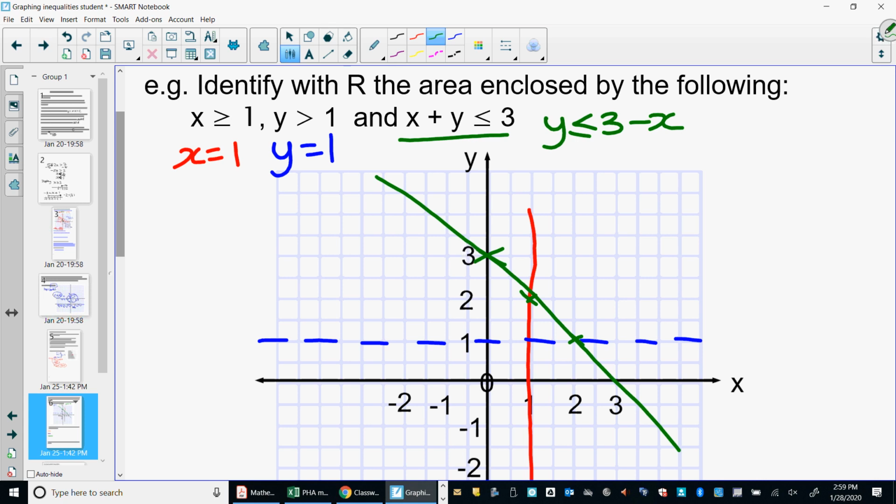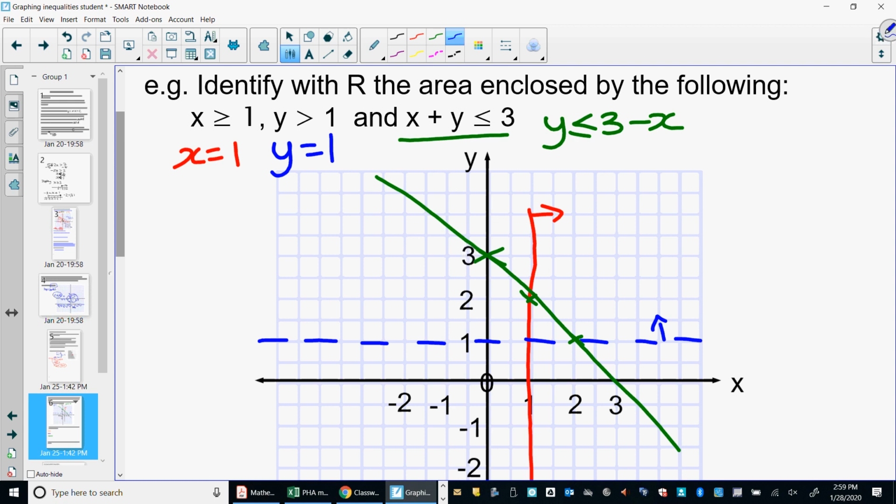Now, our gut instinct, I hope, would be that surely this baby bit here is R, but just double check that it does satisfy everything. So x has to be greater than 1, so I'm hoping you're all happy that means on this side of the line. It has to be greater than 1 on the y, so that's talking in this direction.